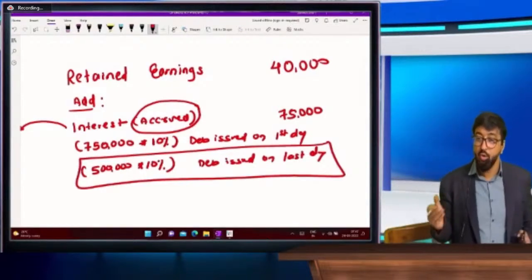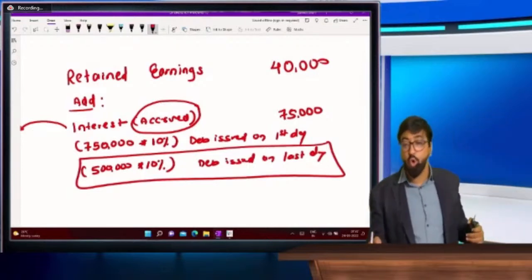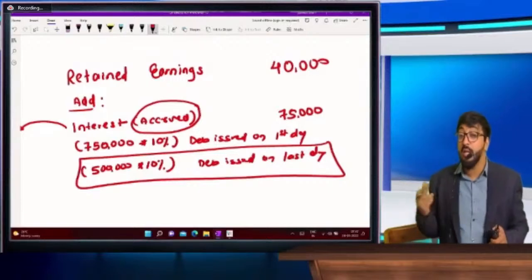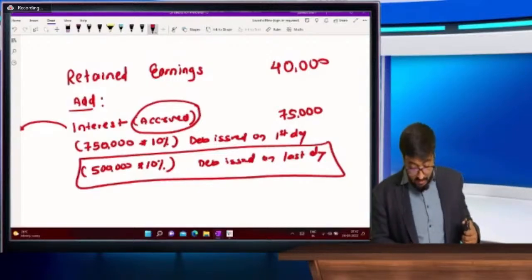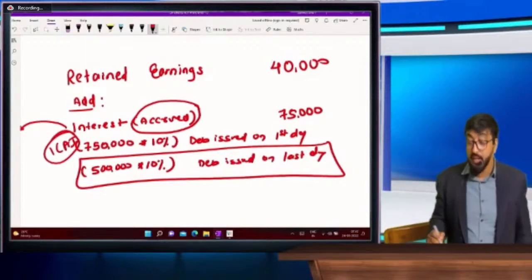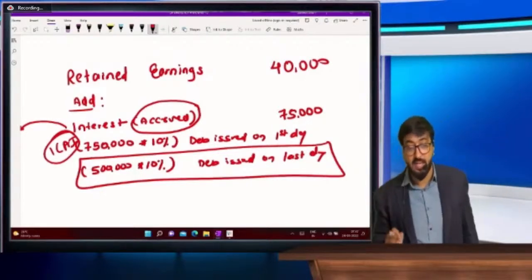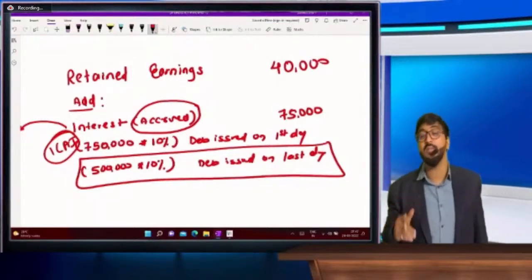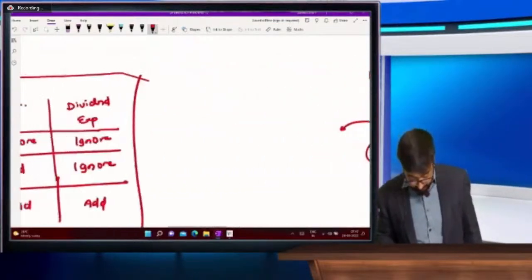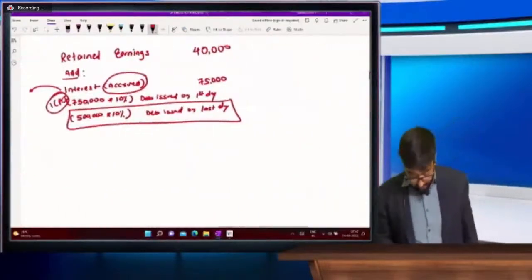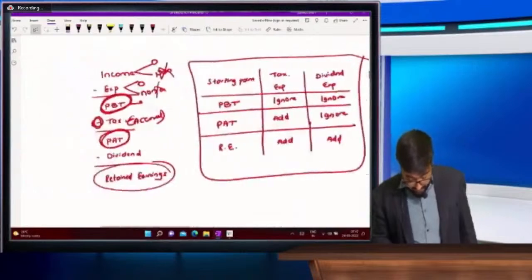But what is the assumption? It is issued on the first day. Therefore, your interest will not be on 5 lakhs. It will be on 7,50,000. So got this concept, sir? Yes.